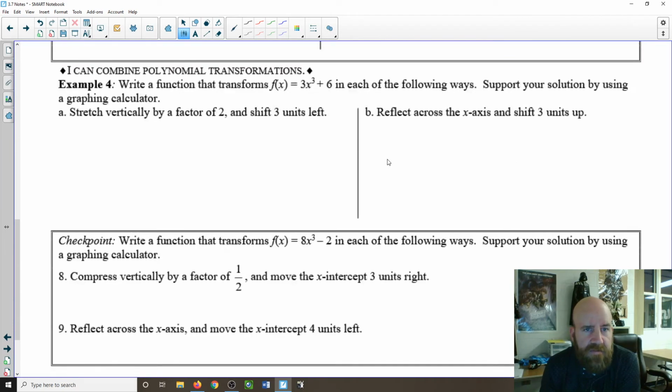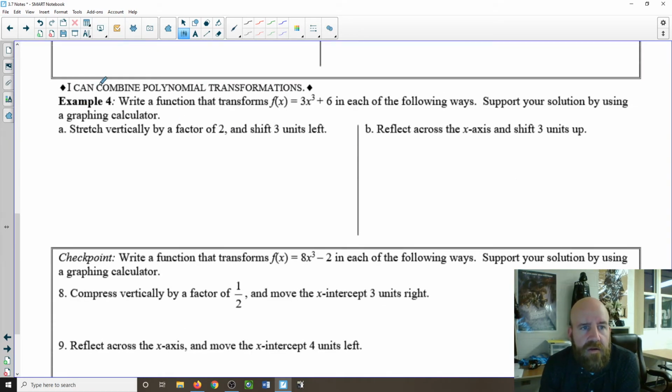And then the last example here, combining polynomial transformations together. Write a function that transforms f of x, so here's our original function, in each of the following ways. Stretching vertically by a factor of 2 and shifting 3 units to the left.